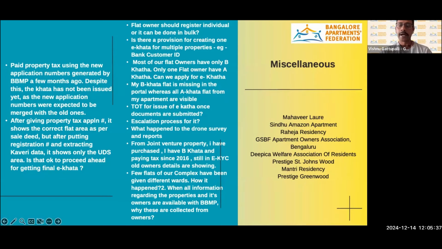So, Sandhya, just to summarize, I have collated all the questions and put them in the WhatsApp chat so that we can avoid repeat questions. There was a lot of chatter in the chat, so I've consolidated and put those questions to you. You can only ask the questions that are not yet answered.